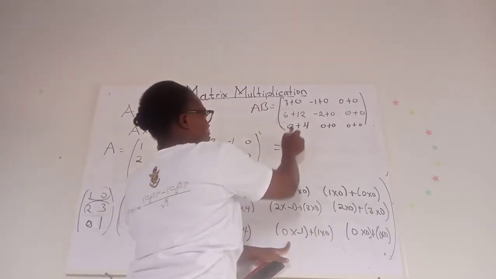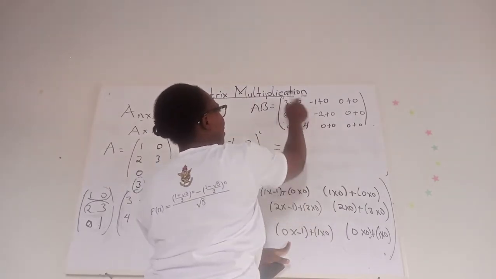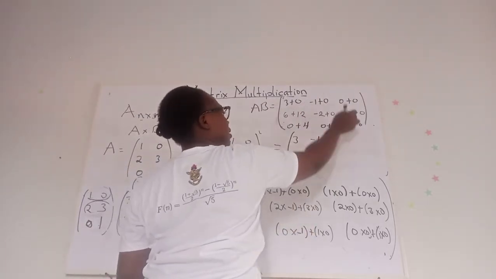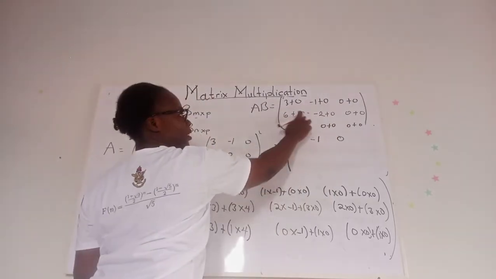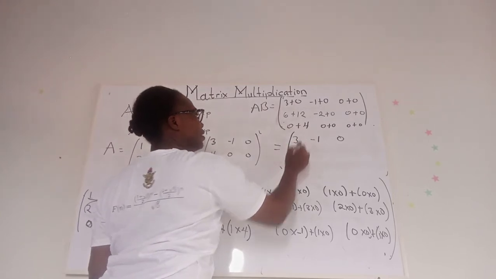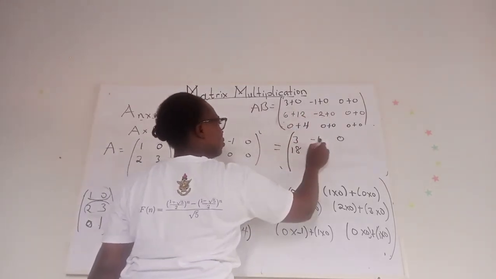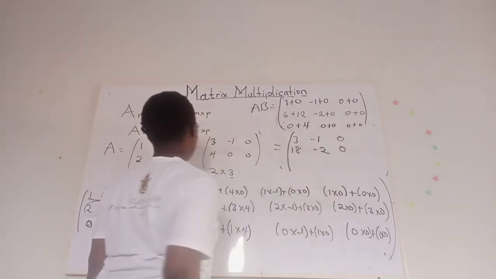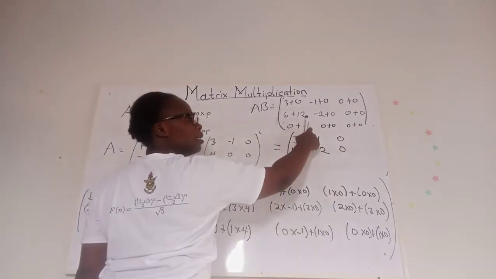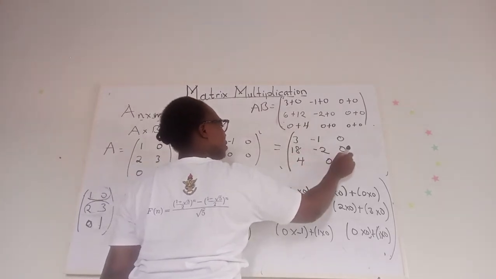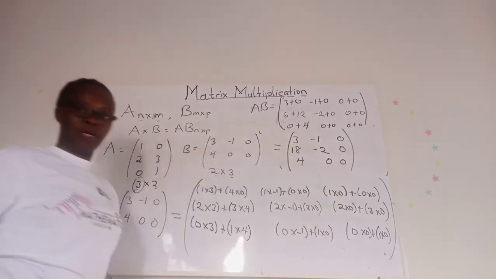So now what do we have? We have 3, minus 1, 0. This plus that is 18. Then this gives us minus 2, this gives us 0. Then this times this plus this is 4. This is 0, this is 0.